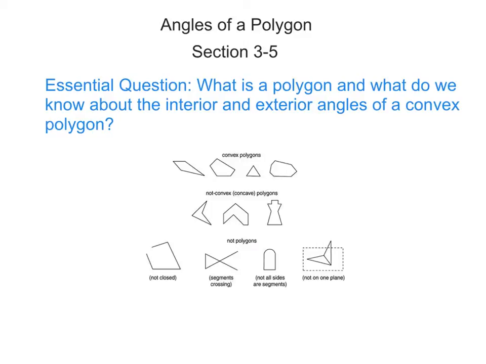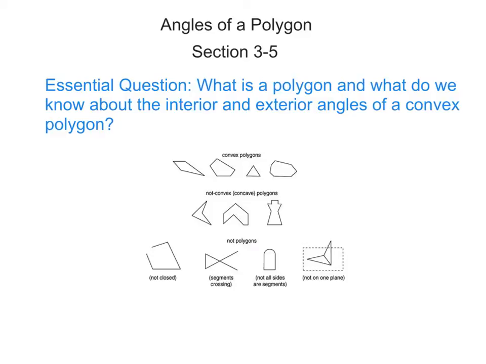Now here are some pictures of different types of polygons. Notice the top row are convex polygons, while the next row are concave polygons. You'll notice the difference is that the sides cut in, going into the polygon on the concave. We're going to primarily deal with convex polygons, which is the top row.